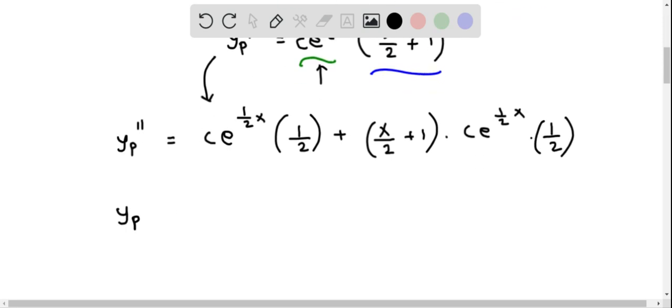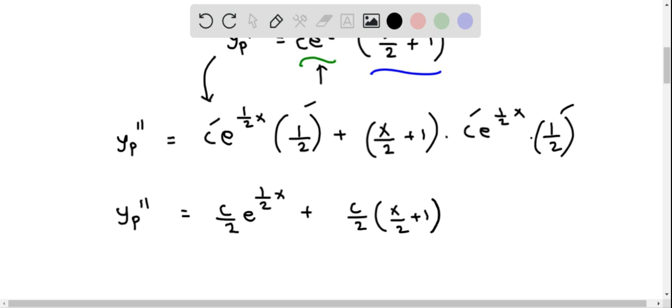This one is yp double prime, and this equals, when we multiply the c with 1 by 2, which is c by 2 e power half x, plus here we will have c times 1 by 2, which I write as c by 2 times x by 2 plus 1 times e power half x.